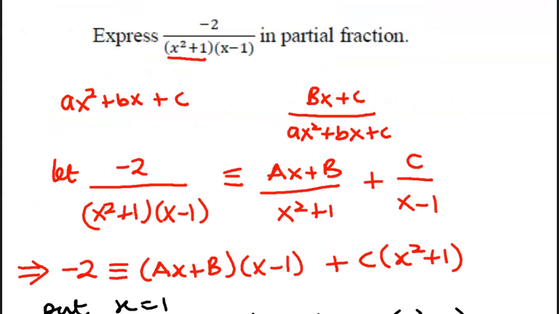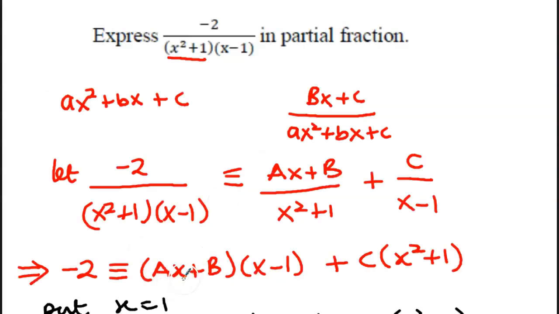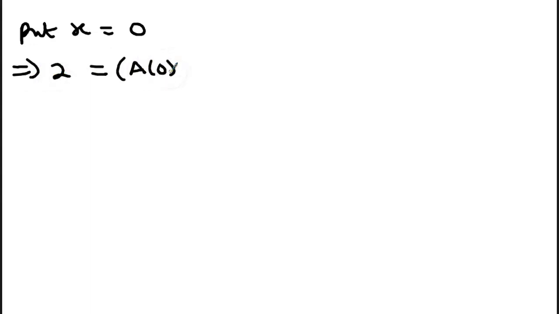Okay, and since it is an identity, any value will be satisfied, not necessarily the value that will make one term equal to 0. So with this, we can put x equal to 0. In that case, we are going to have minus 2 is equal to a times 0 plus b, times 0 minus 1, plus c times 0 squared plus 1.